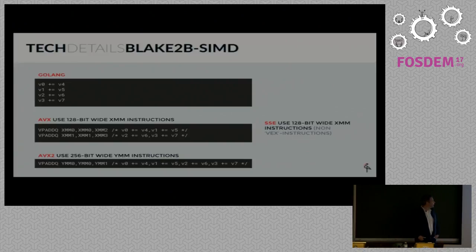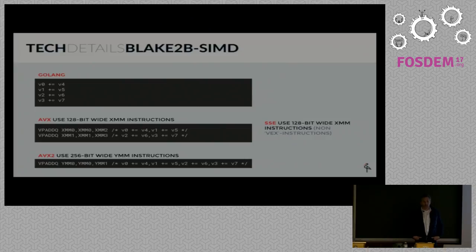If you look a little bit closer at how it works, the top line is a very small portion of all the computations that are happening as part of the BLAKE2B hashing. There are basically 4 additions there, and these are on 64-bit integers. If you look at the AVX capabilities for the Intel platform, you can essentially work with 128-bit wide registers.